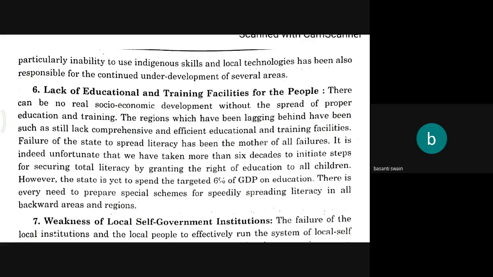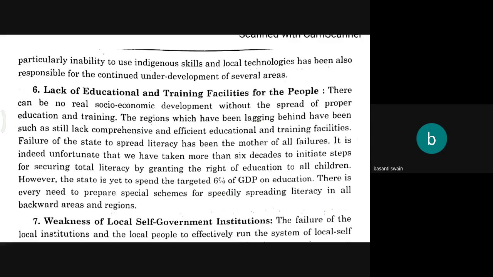Certainly, Kerala has the highest literacy and is developed, Tamil Nadu is also developed, while in Bihar, Odisha and other hilly areas, lack of literacy keeps them underdeveloped. It is indeed unfortunate that we have taken more than 6 decades to initiate steps for securing total literacy by granting the right of education to all children.